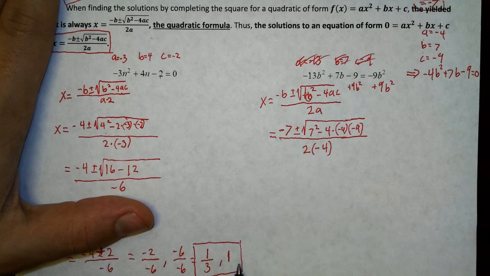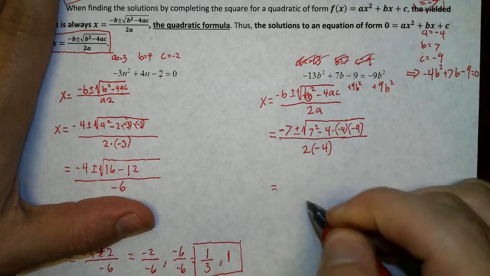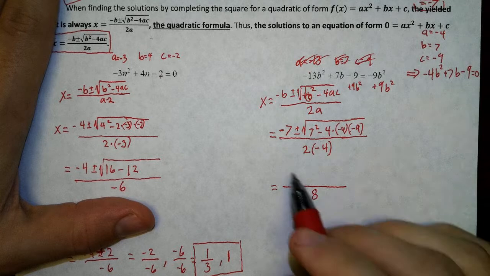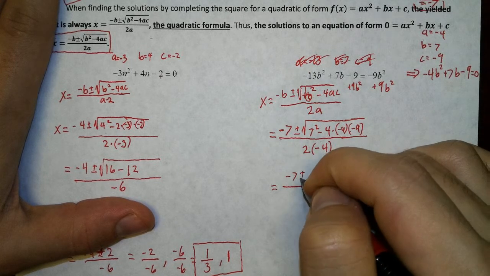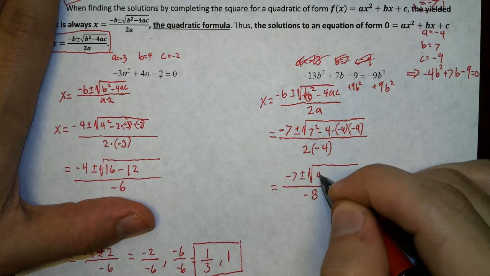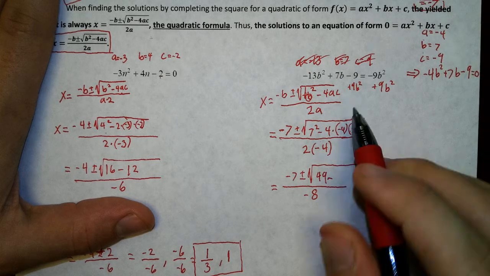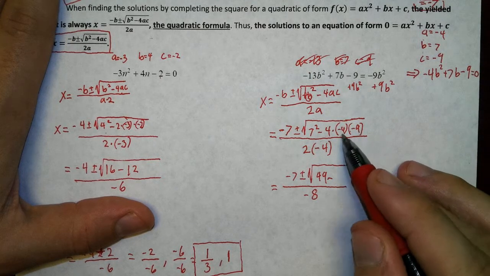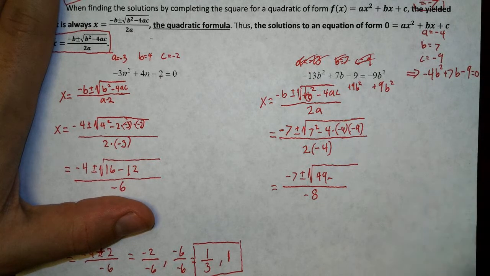So we have 2 times negative 4 on the bottom, that's going to give us negative 8. We have negative 7 up here, plus or minus, inside we have 7 squared. So that's going to be 49 minus 4 times negative 4 times negative 9. Well, I can tell this is going to be a positive because I have 2 negatives right here.